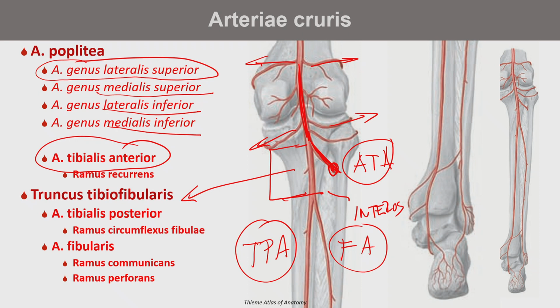This part of the popliteal artery and tibiofibular trunk is also sometimes called the trifurcation. So then we're talking about disease which is behind the trifurcation and in front of the trifurcation. So lower popliteal, upper popliteal trifurcation.